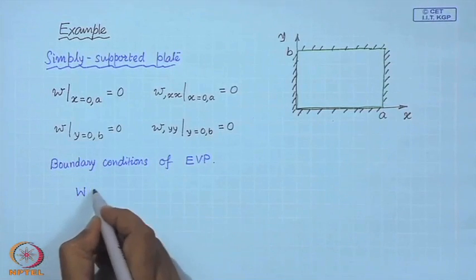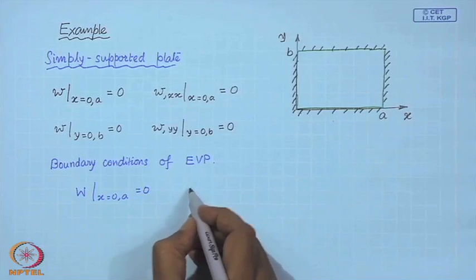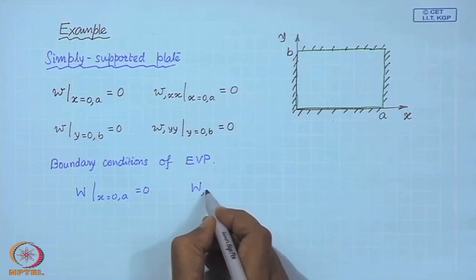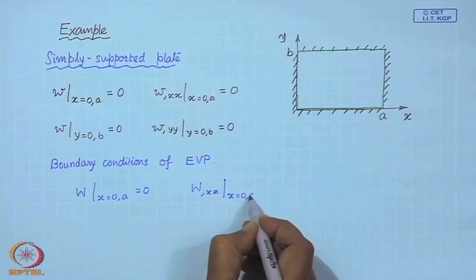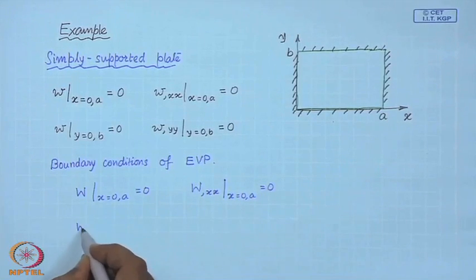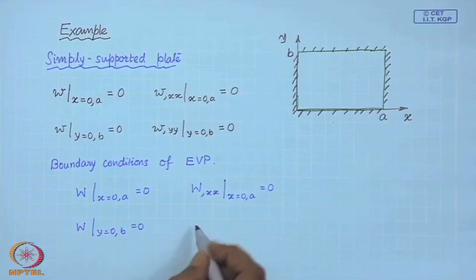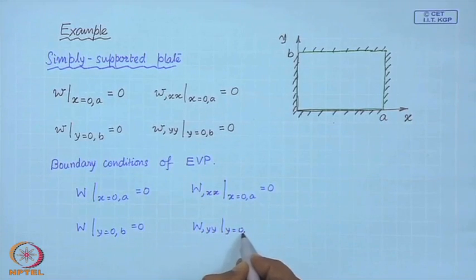So, W. So, these are the corresponding boundary conditions for the eigenvalue problem.